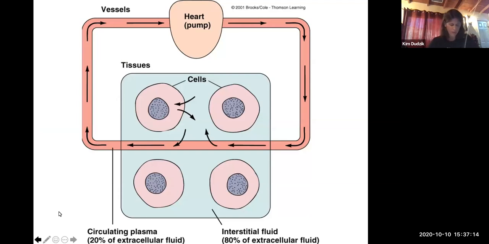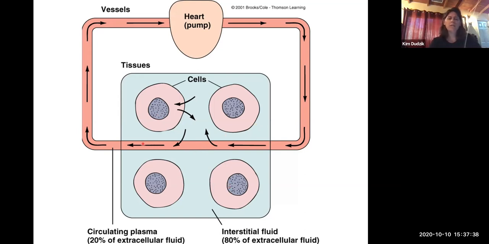So again, just to orient you, when we look at our circulatory system, what we're seeing here is that we have the heart, which provides the pressure gradient for blood to move through our blood vessels around the entire system of our body. So imagine this is branching, and all of these are different organs.